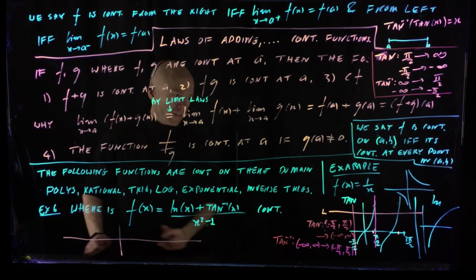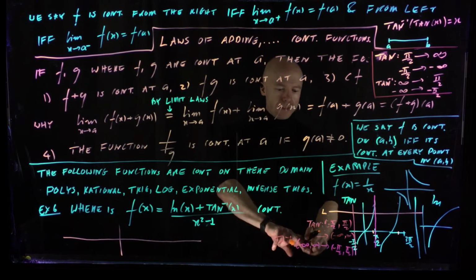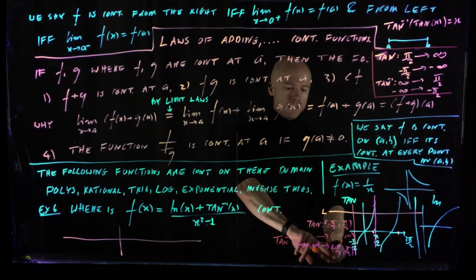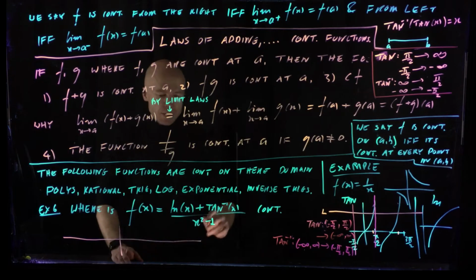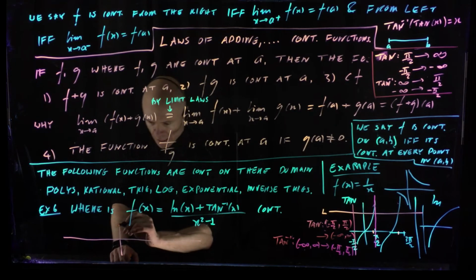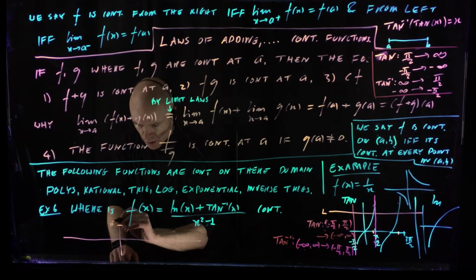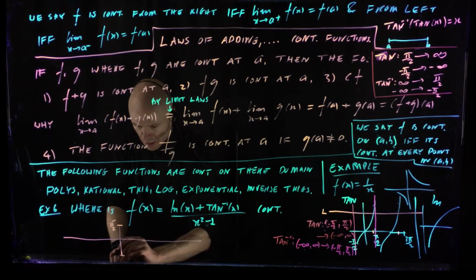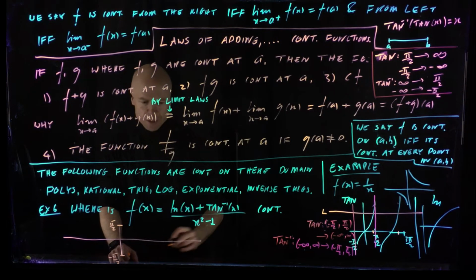So tan to the minus 1 is sending the entire real line just to this interval, from minus pi over 2 to pi over 2. But it's defined for the entire real line. And out here towards positive infinity, we have a value which is close to pi over 2, and towards negative infinity, we have a value which is close to minus pi over 2.